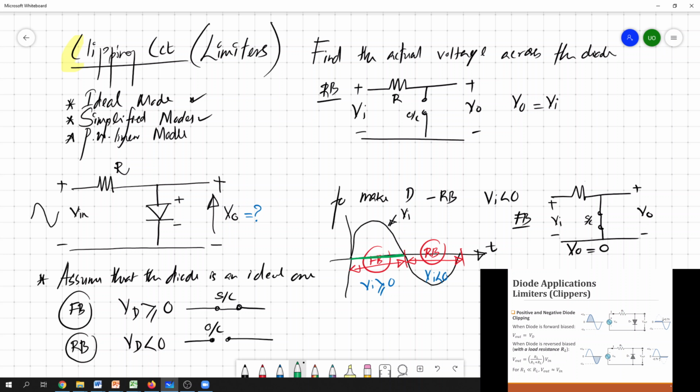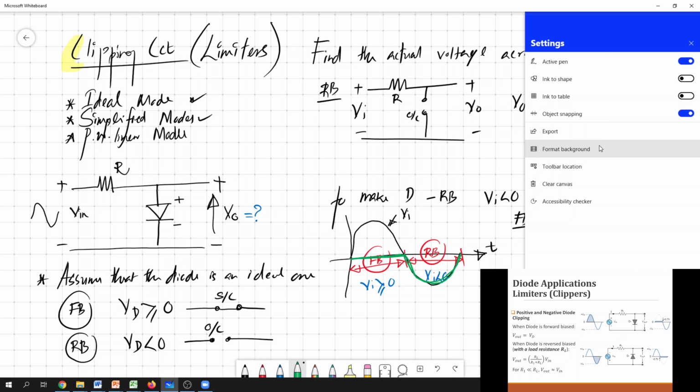So during that period we found that the output voltage is simply equal to the input voltage. So this is something like that. So this is the output for this particular circuit when we stick into the ideal diode model.